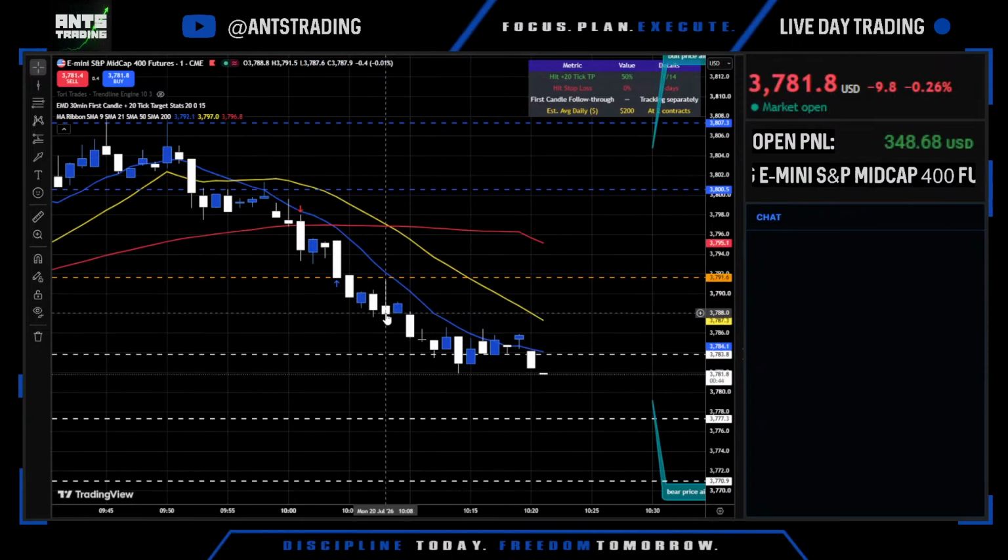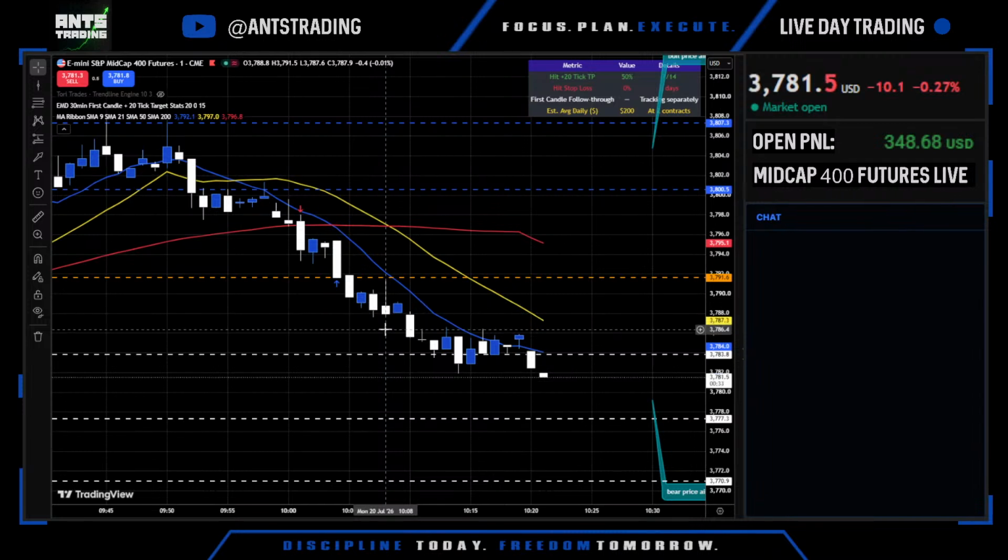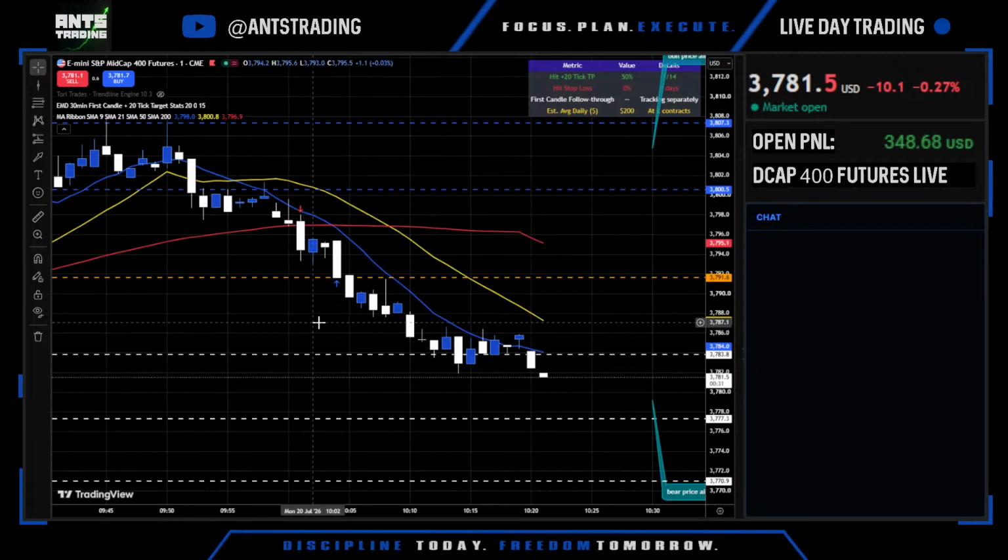So say I got it, let's say probably right here or so at 37.88. It would have gone up a bit, but then it would have dropped down and hit my $2 take profit.